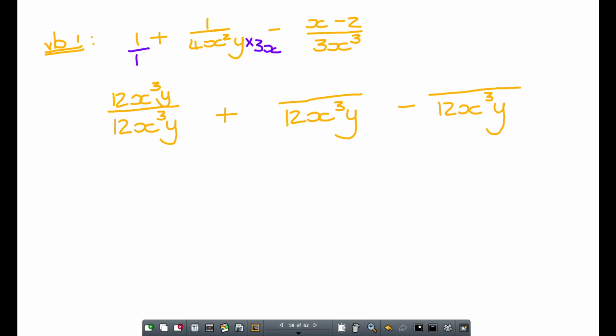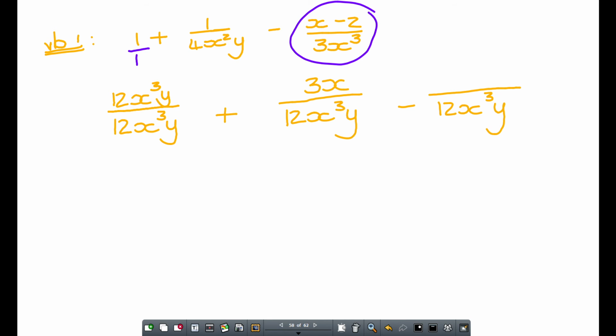Okay, so when I multiply with 3x at the bottom, I would have to multiply with 3x at the top as well. Maak dit sin? You guys good? Okay, so at the top, 1 times 3x will give me just 3x.